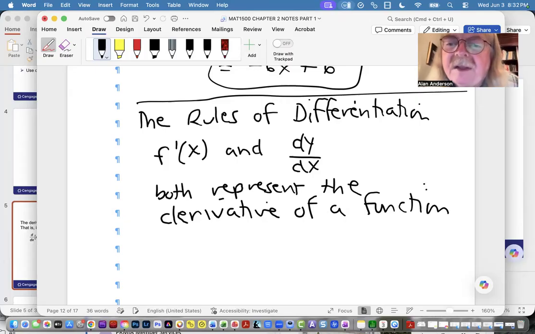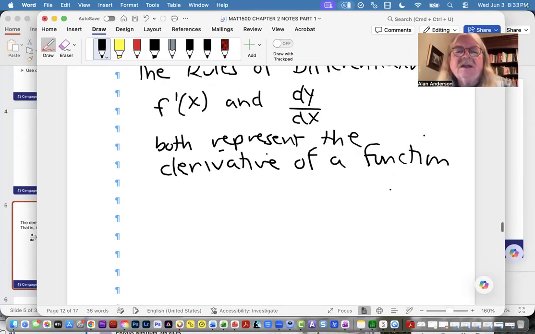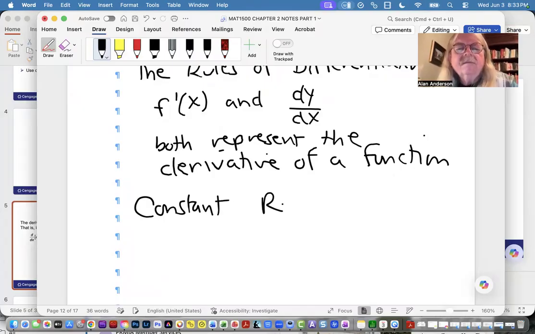So, don't be put off by that. It's the same thing. So, for example, here they're writing it as d, and instead of putting the y up here, they're replacing it with the constant.